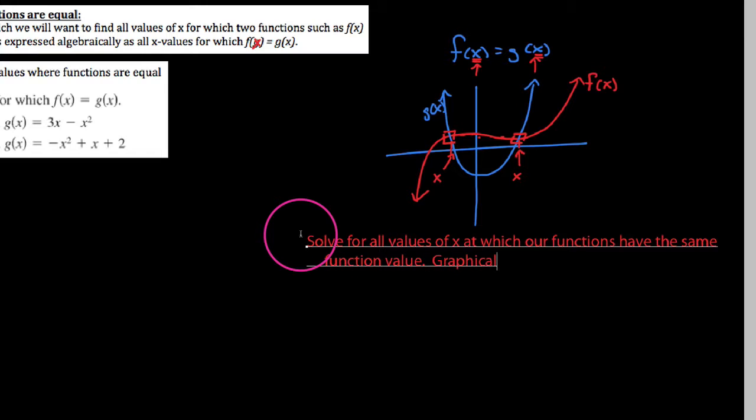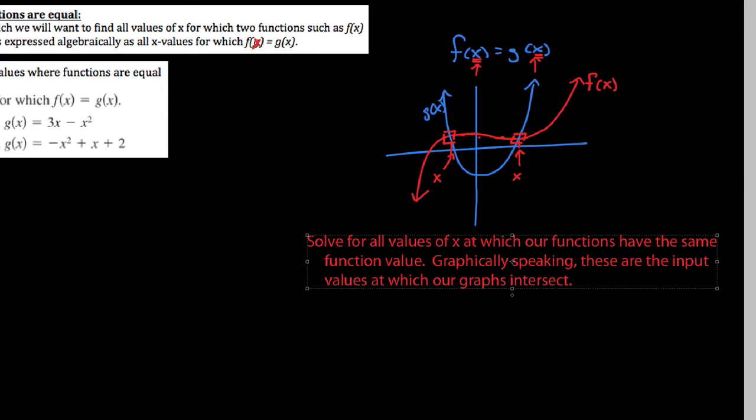Graphically speaking, these are the input values at which our graphs intersect. That's a pretty neat thing we want to find a lot of the time.